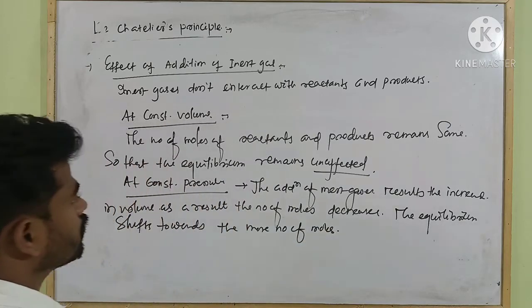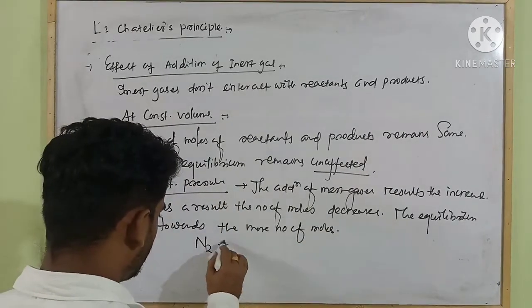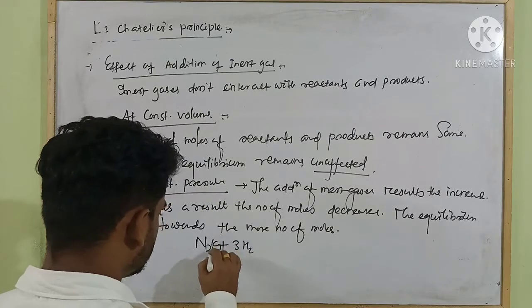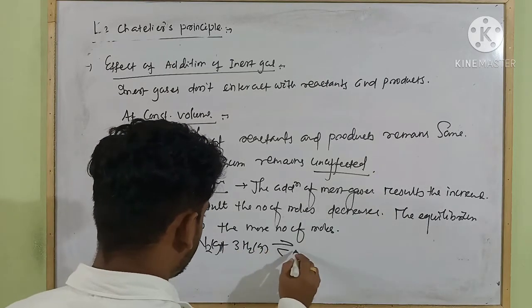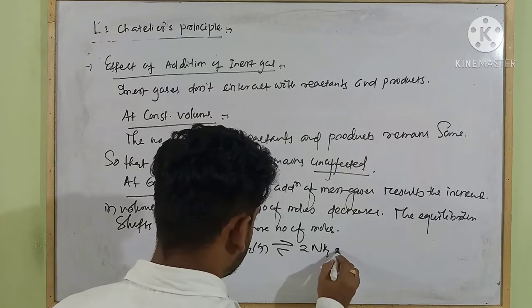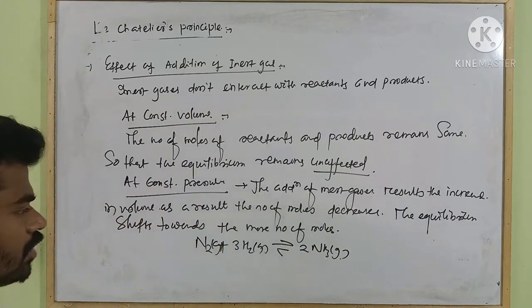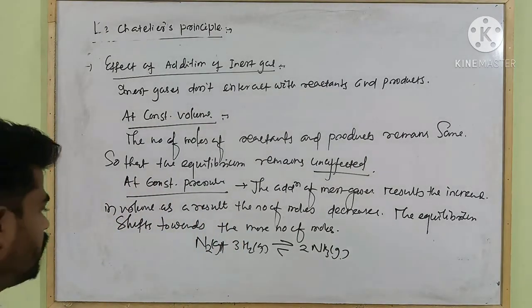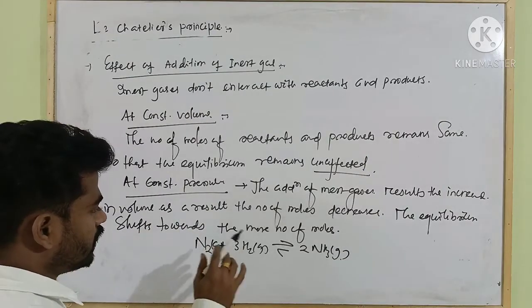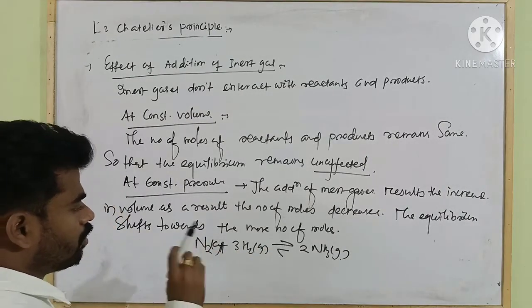That clear? So in that reaction, N2 plus 3H2, all are gases, in equilibrium with 2NH3 gas, let's say. In this case, at constant volume, it can't affect equilibrium. The equilibrium remains unaffected.